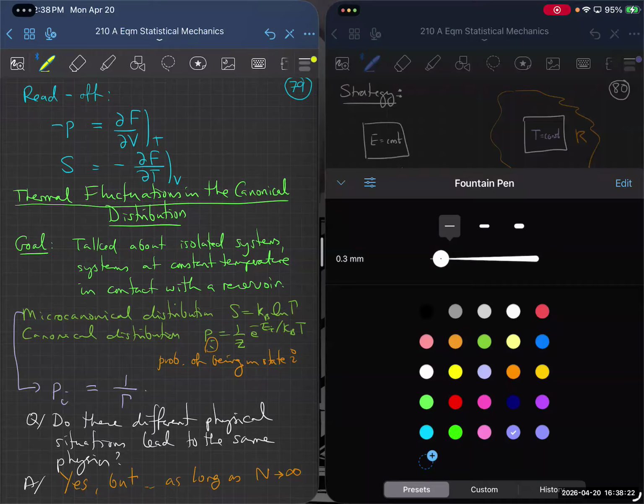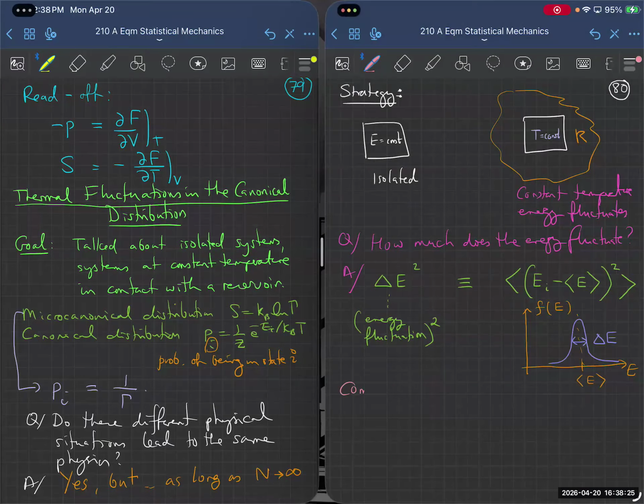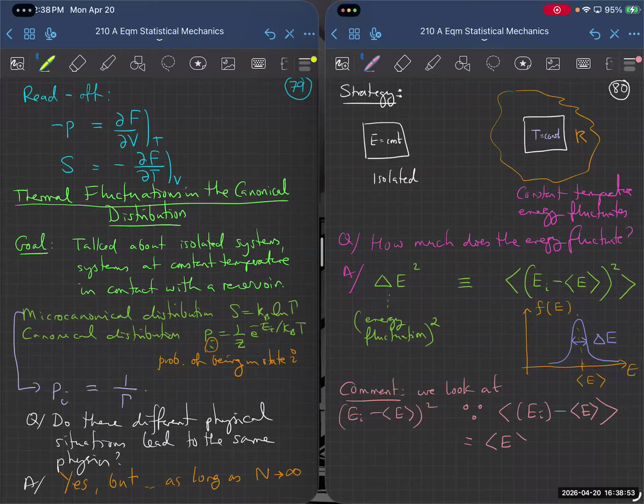So let's just make the comment. We look at EI minus the expectation value of E, squared, because by definition, the expectation value of EI minus the expectation value of E, if we just took the first power, would be the expectation value of E, applying the expectation value to EI.